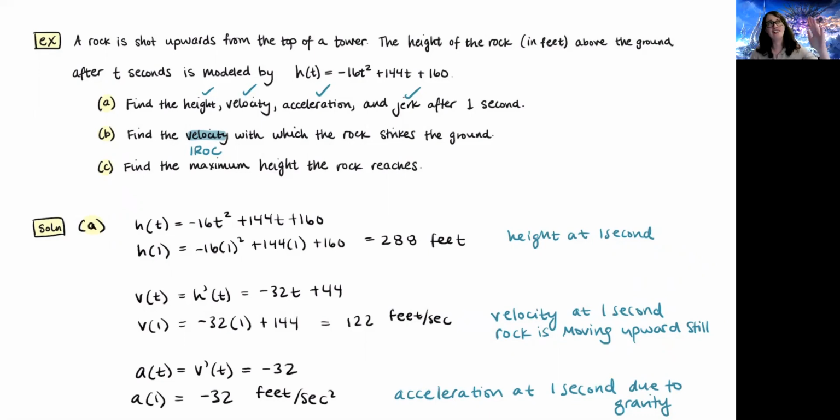That is the point when gravity overpowers the initial upward trajectory, and then it goes downward again. When the velocity changes from positive to negative, that's where the height will be the maximum. In other words, the maximum height occurs when the rock stops for just a second in the air and then starts to fall back down to the earth.